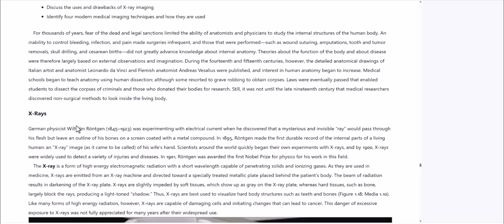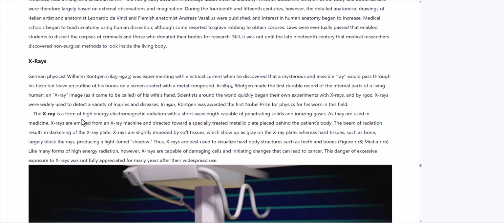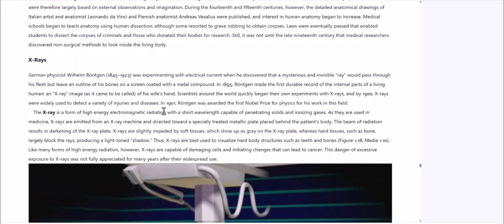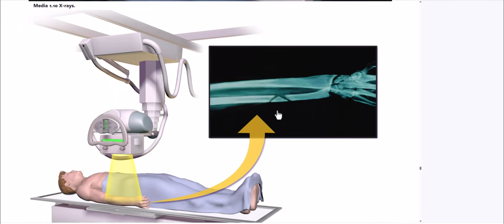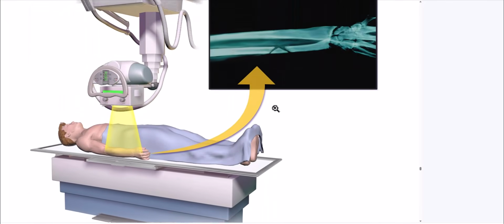But an X-ray, we've all probably had an X-ray. This is a very high energy electromagnetic radiation that is used. It is able to penetrate through solids. And when we look at an X-ray, and there's a lovely video here, but when we look at X-rays, we see a negative image.